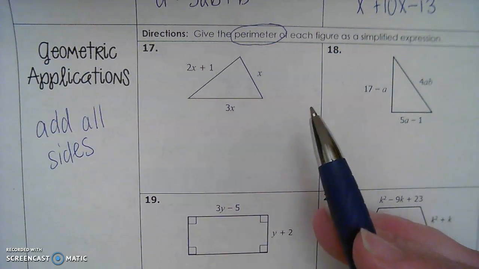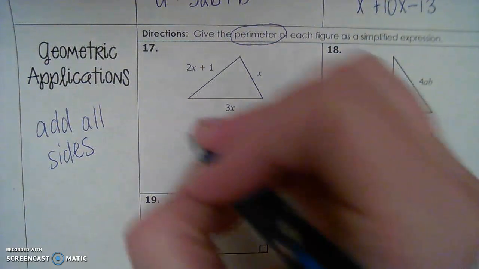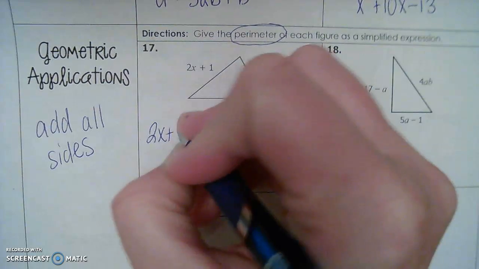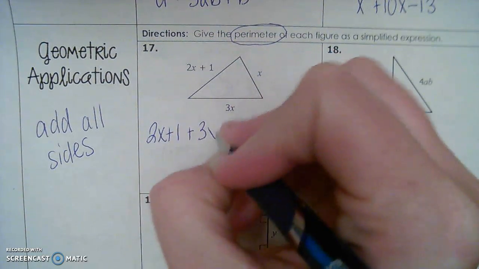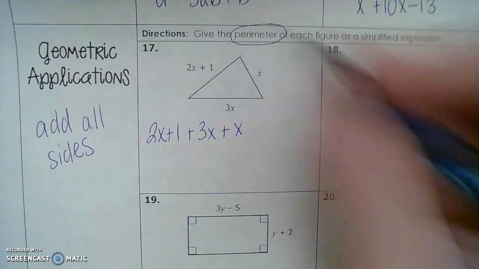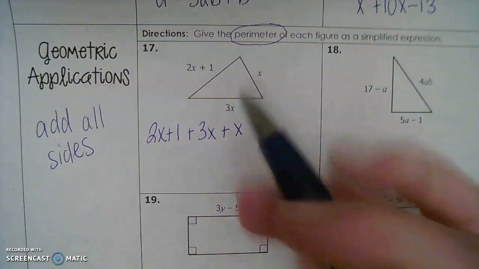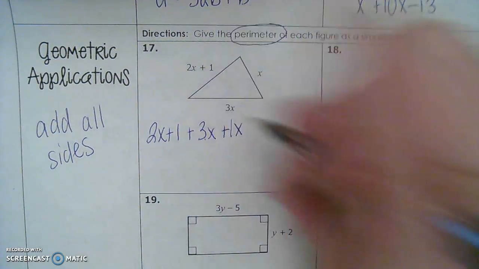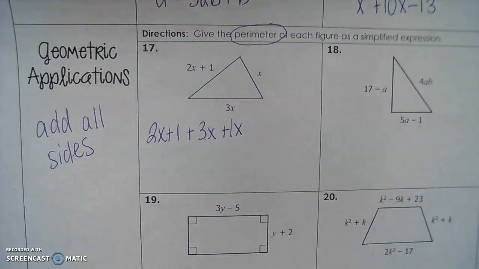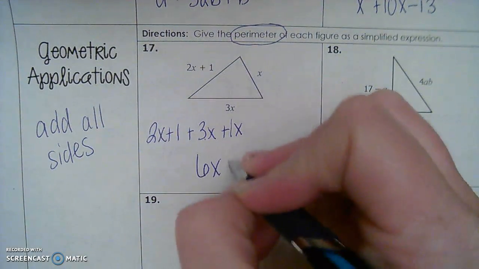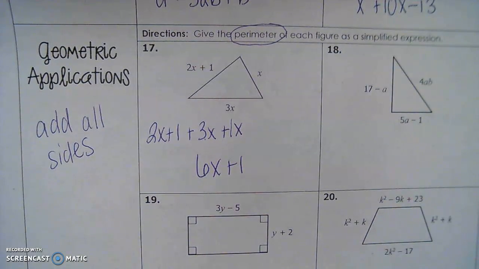I will, just so you can see it, but you don't have to. So I would have 2x plus 1 plus 3x plus x. And again, the order that you put that in doesn't matter. So I have 2 plus 3 plus, again, that invisible 1 gives us 6x, and then plus 1.